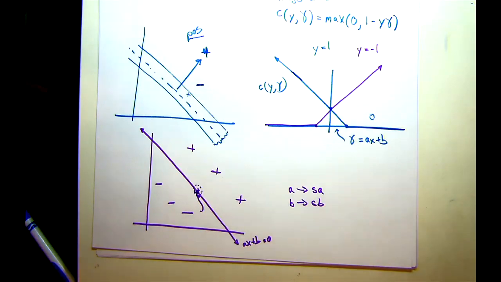Now, we don't know that point. We haven't seen that point. We'll never see that point. This is an imaginary point, sort of, not imaginary, but some future point that we might encounter. But this is just sort of the logic of working through how you might come up with one of these costs.